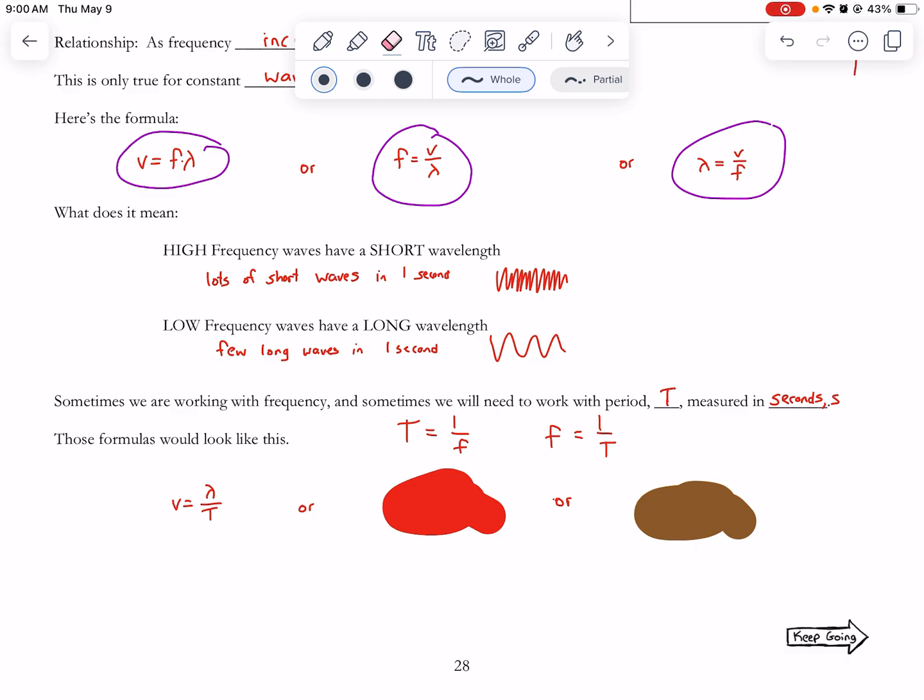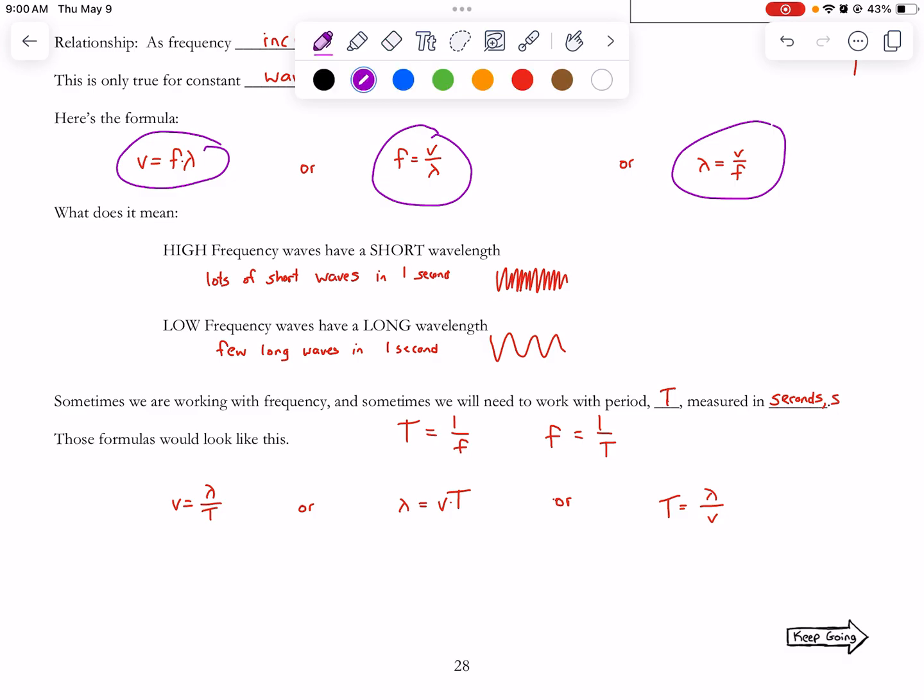So if we take the frequency, then we'll be dividing by the period. So that's one of our new equations. And then to find the wavelength, we'll just do the period times the wave speed, and then to find the period, we'll do the wavelength divided by the wave speed, which is kind of the upside down of the wave speed divided by the wavelength.